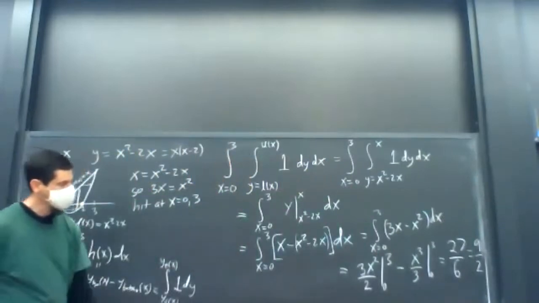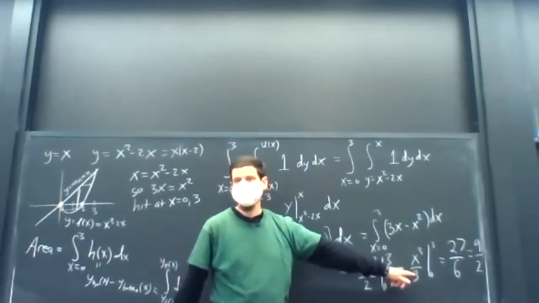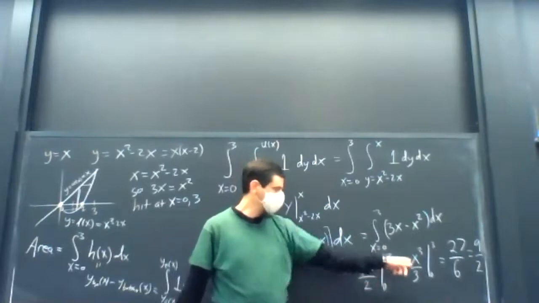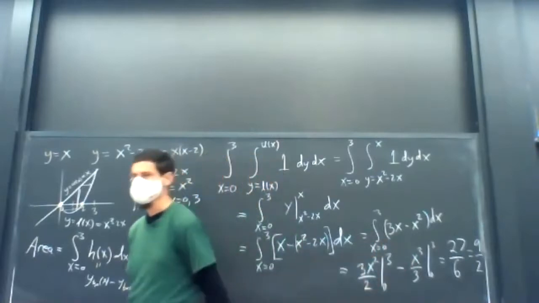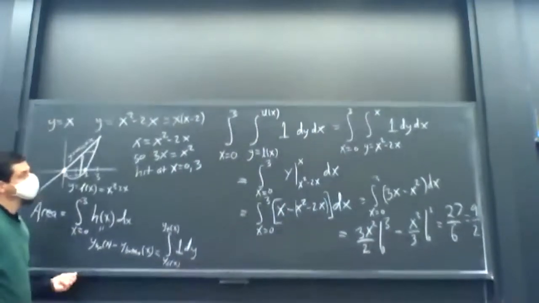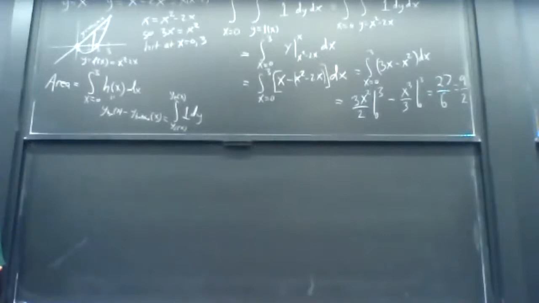Notice that when I was substituting in 3, I didn't have the x cubed over 3 just become 9, because I knew I had a 27 here already. I'd rather keep them both as 27s and just subtract the part. It doesn't really matter how you do the algebra. Okay, so that's the nice way to do this problem.